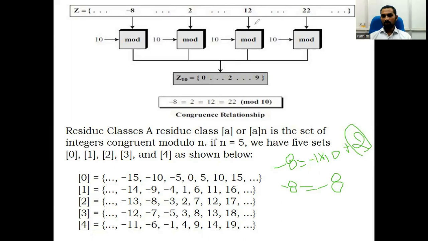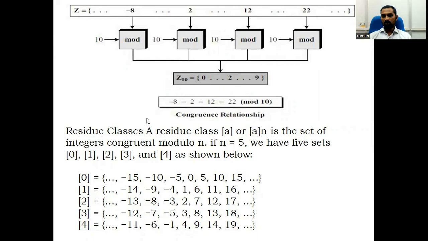Similarly, 2 mod 10 equals 2, 12 mod 10 equals 2, 22 mod 10 equals 2. If I take Z10, it has values from 0 to 9. And we say that -8 is congruent equivalent to 2, congruent equivalent to 12, congruent equivalent to 22 with respect to mod 10. This is how I represent this congruence relation.